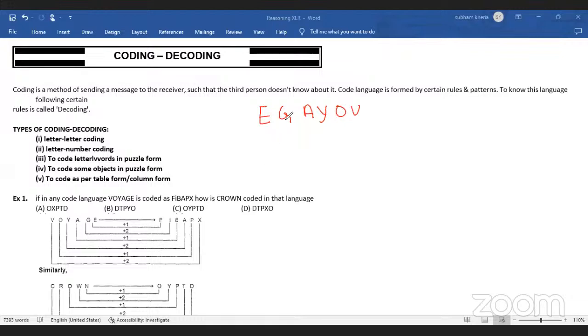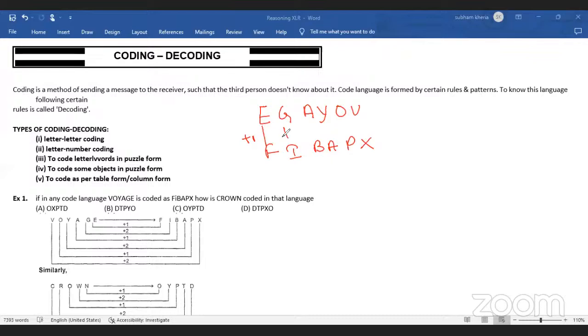Now, the code here is F, I, B, A, P, X. If you see the coding here, E plus 1 gives you F, right?